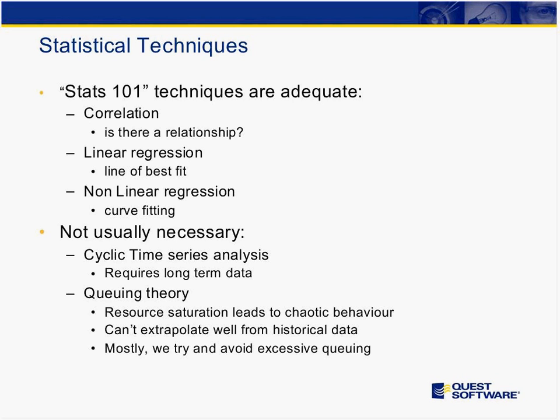So we're not trying to find out just how bad it's going to get when everything falls apart. We're mostly trying to figure out what we need to address to avoid getting into a situation where we have excessive queuing. So we don't see a great deal of benefit in doing a very complex, precise but inaccurate prediction of future performance.